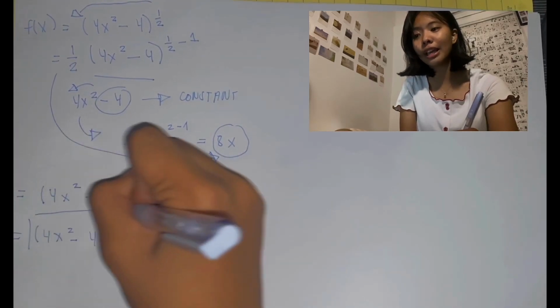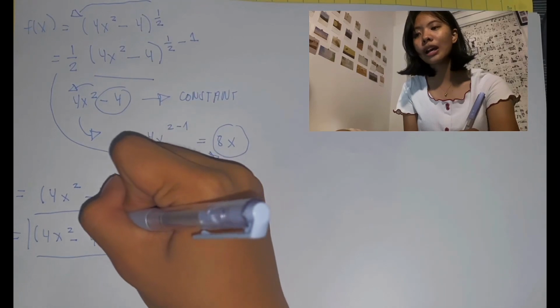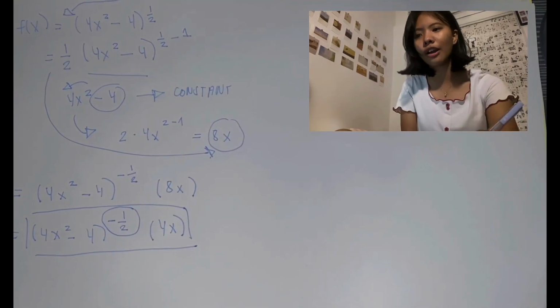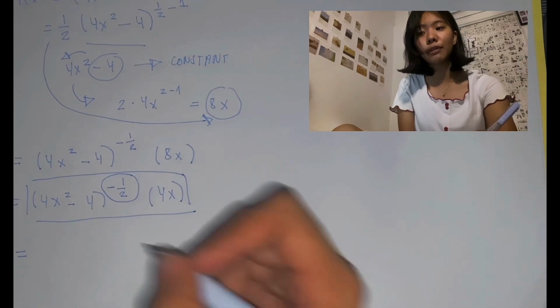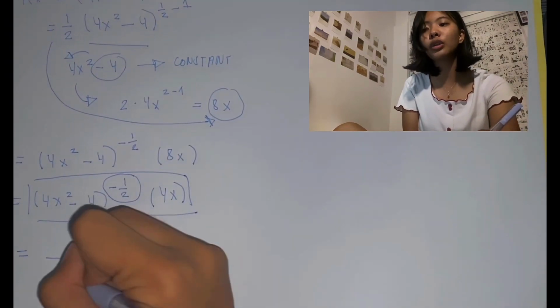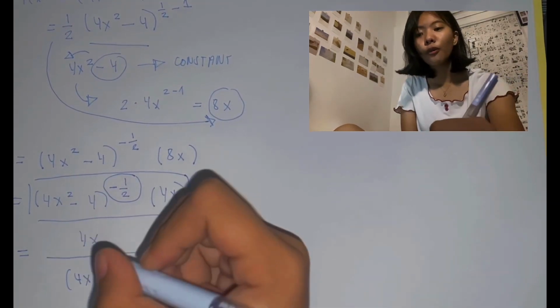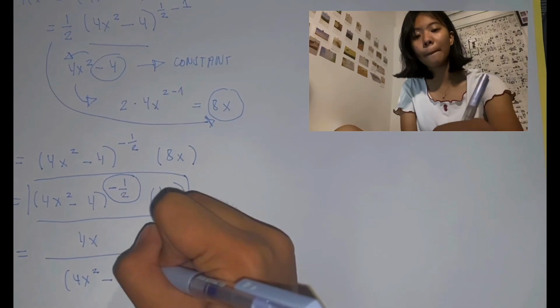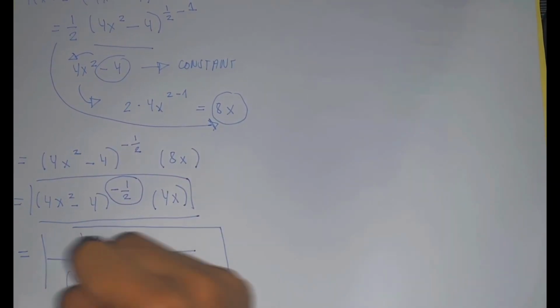And then 1 half times 8x is 4x. Okay, so as you can see, we have a negative exponent. We need to simplify it again to make it positive. So it is going to be 4x over 4x squared minus 4 raised to positive 1 half.